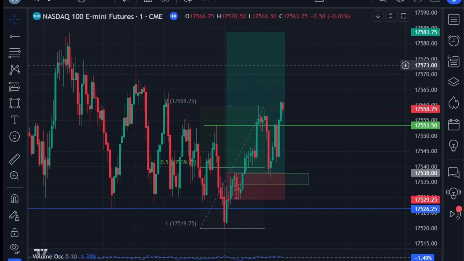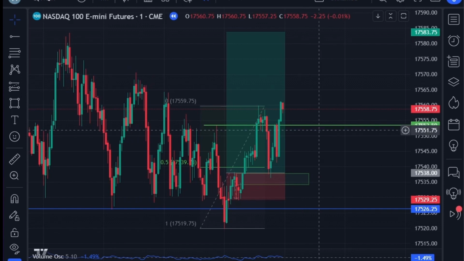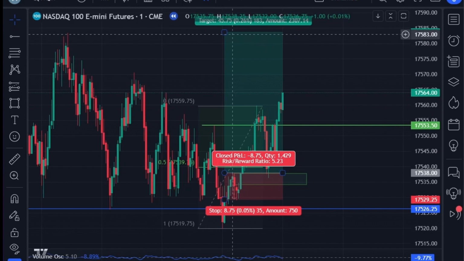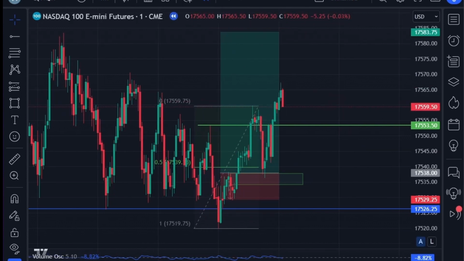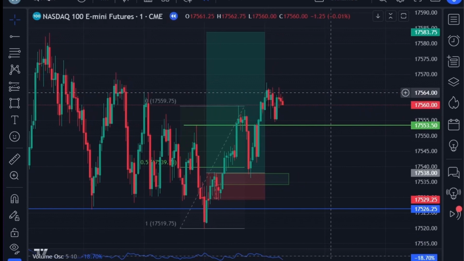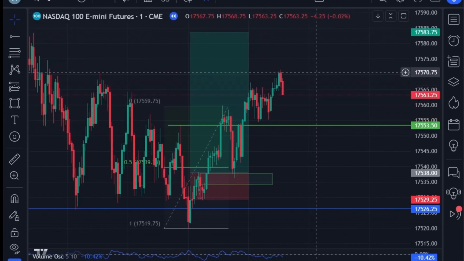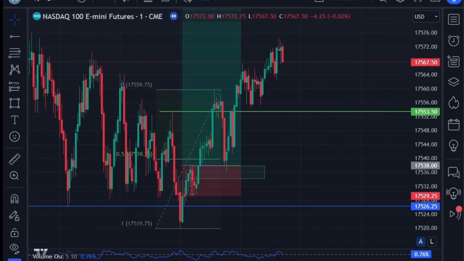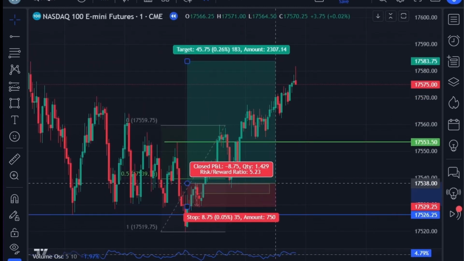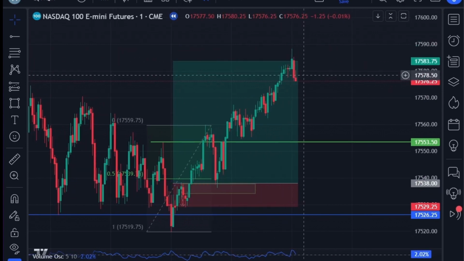Once it hits these levels, it has a reaction of the market switching bias. So let's play it out. Eventually it hits take profit.